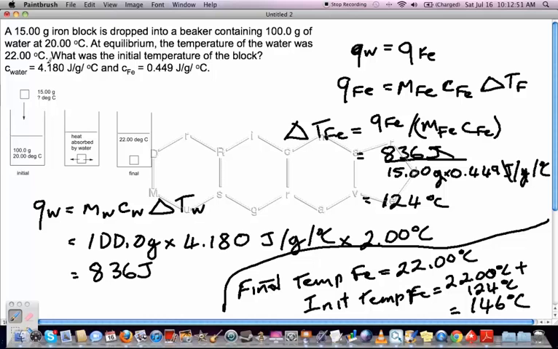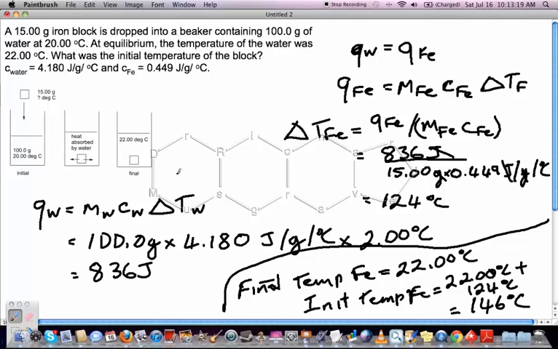Now since this is the final temperature of 22.00 degrees Celsius, I know my initial temperature must have been higher. So it makes sense that if the temperature of the iron was 146 degrees Celsius initially, it went down once it was put in the water, down to 22.00 degrees Celsius, and it went down by 124 degrees Celsius.